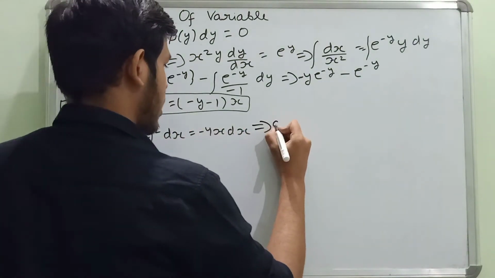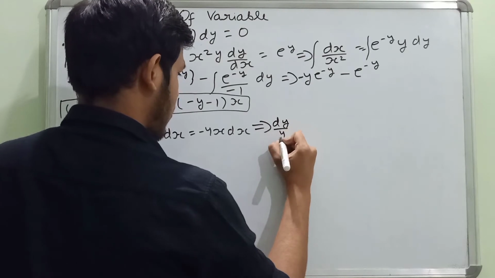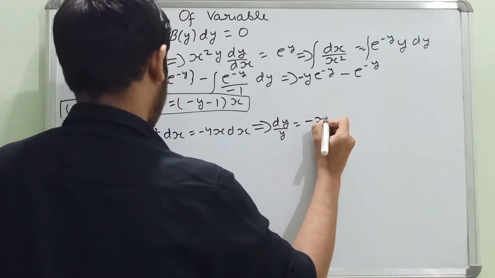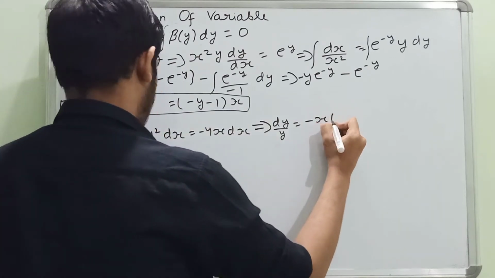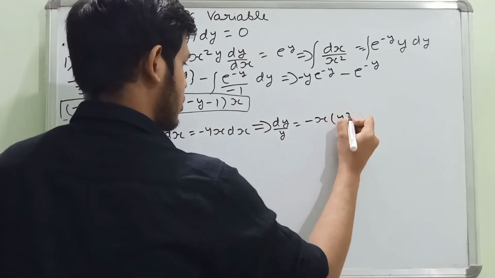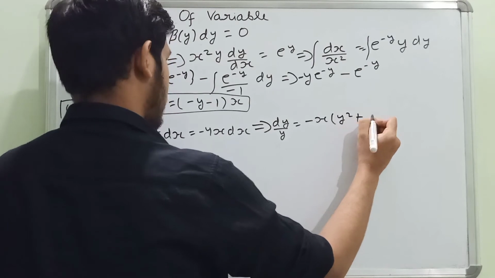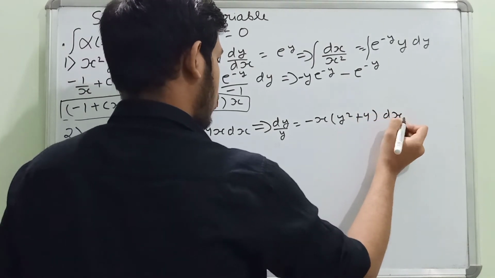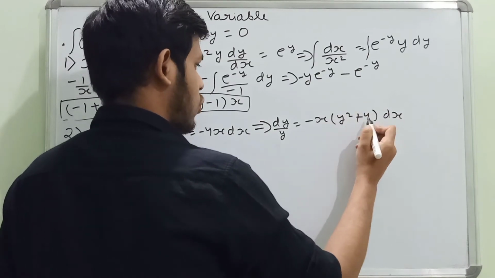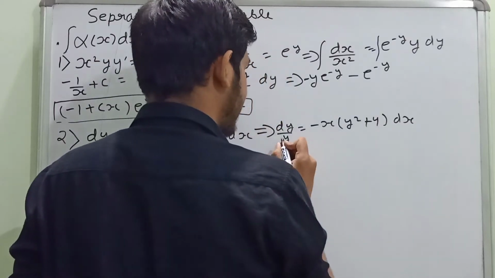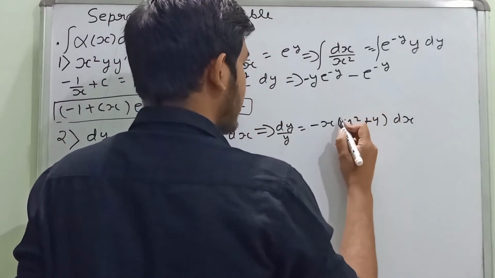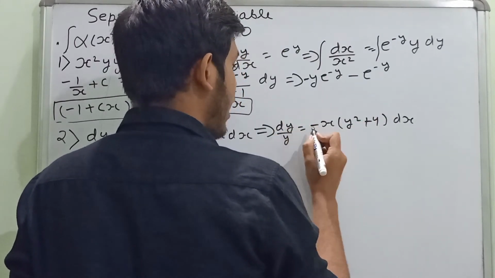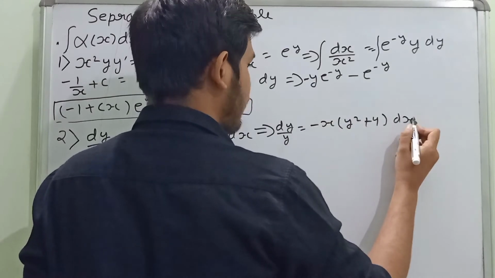So it will be dy upon y minus of x will come common, and this will be y square plus 4 of dx. Now we will divide by the term y square plus 4 on the left hand side, because we want all the y variable in product with dy and all the x variable in product with dx.